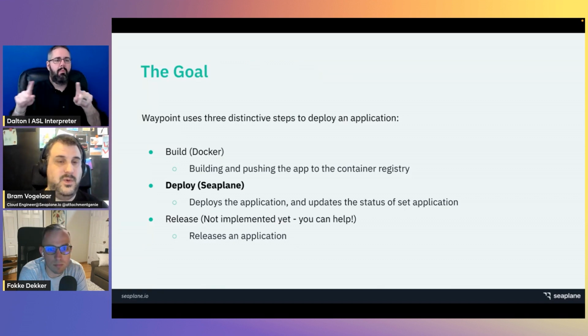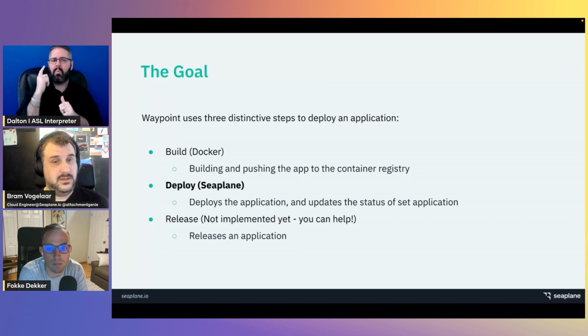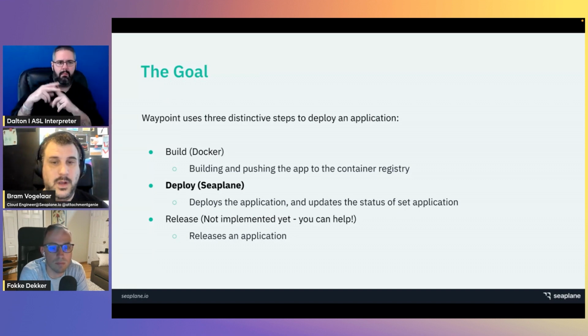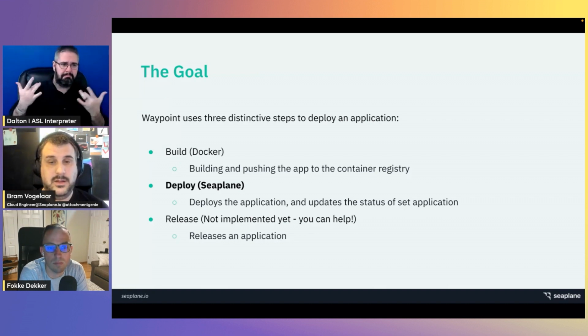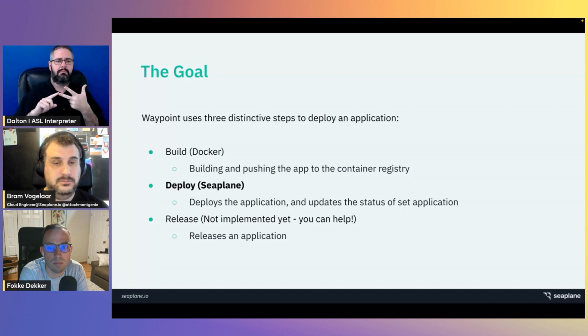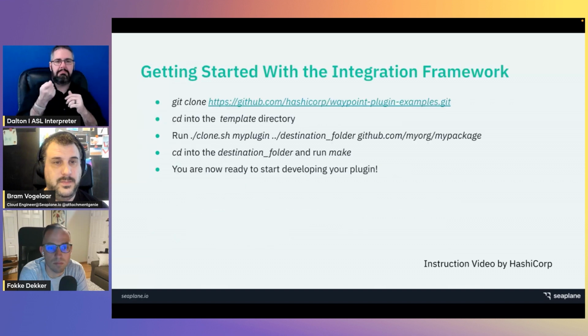So today we're mostly going to show you the deploy section of writing this Waypoint plugin, which includes deploying your application, getting update statuses, and show them in the Waypoint UI or in your CLI. The Docker build is actually fairly simple. It's a standard build step you're used to, just wrapped in a little bit of Waypoint.